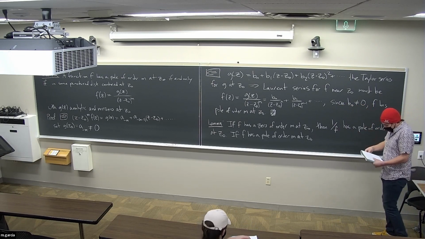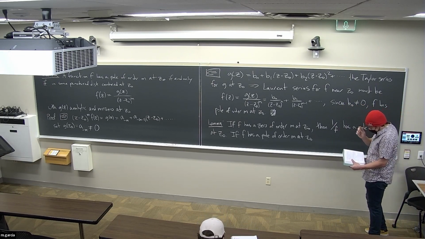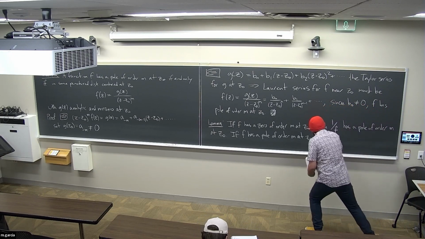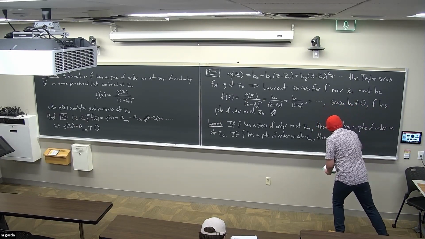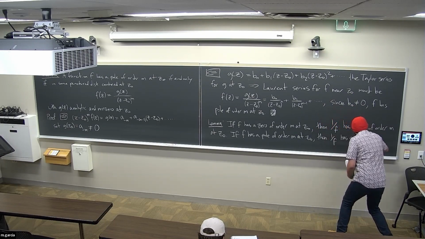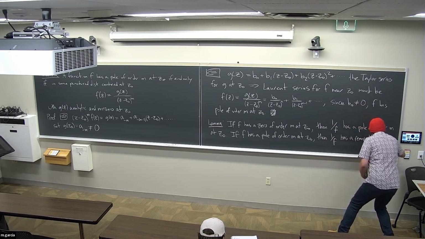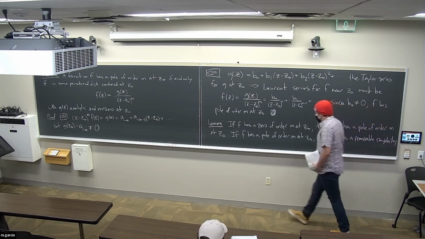You might think that, but it's slightly more subtle than that. Then 1 over f has a removable singularity at z naught.